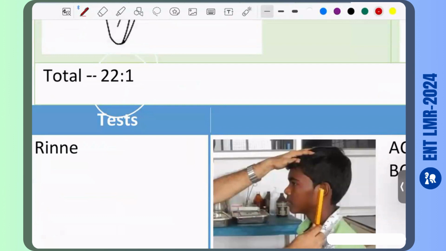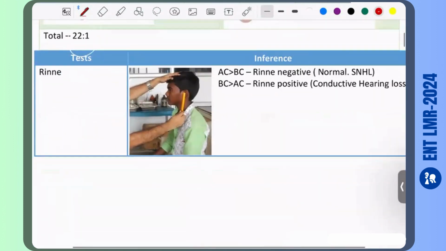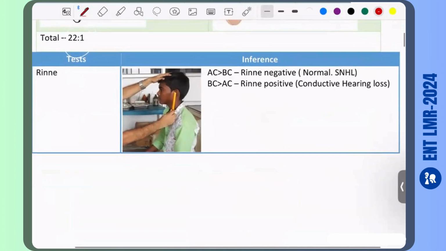Next, we'll be having important tests. They are asking a lot of tests also. Two diagnostic tests they asked last time. The first test is Rinne's test. Just look at me. So first, I should strike the tuning fork and place it behind the ear, over the mastoid process. Ask the patient whether they hear the sound, and they should signal me once they stop hearing.